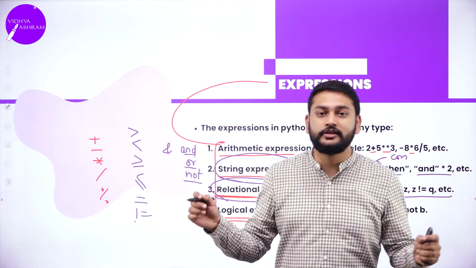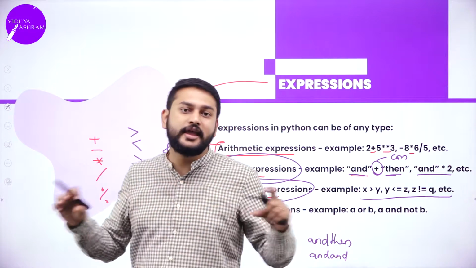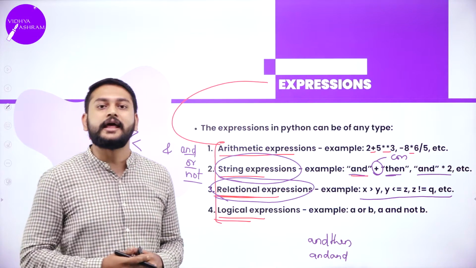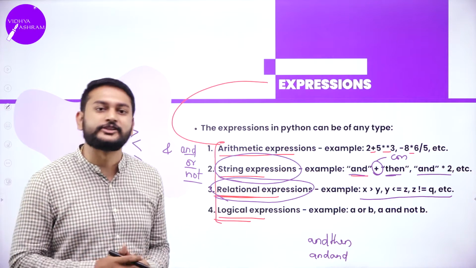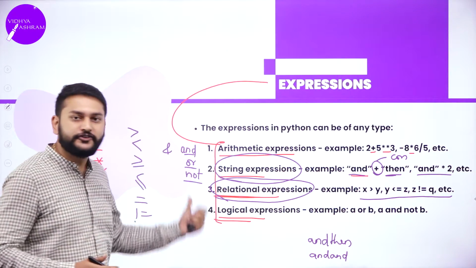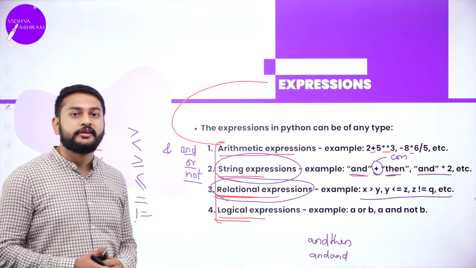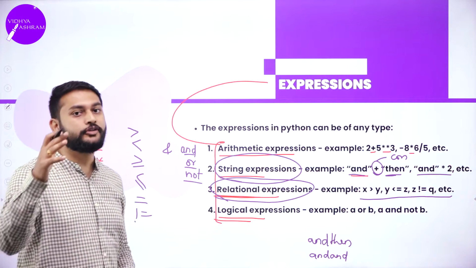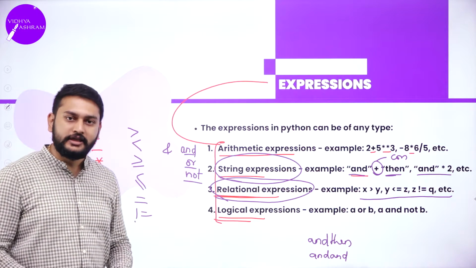If I am using the logical operators in my expression, then I will call that expression a logical expression. So these are the different expressions that I have in Python. Moving on to the next one, I'll be discussing that in detail.